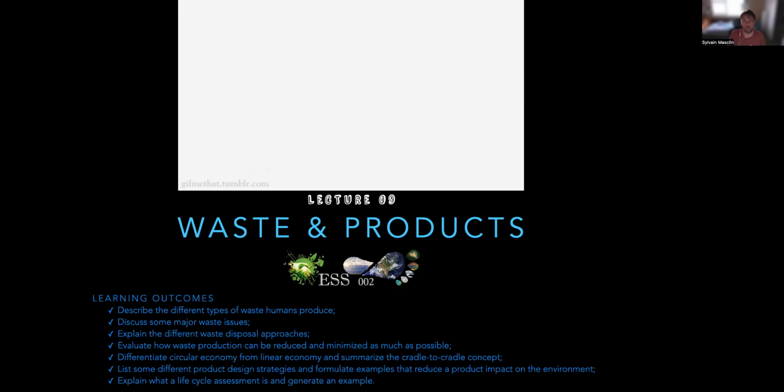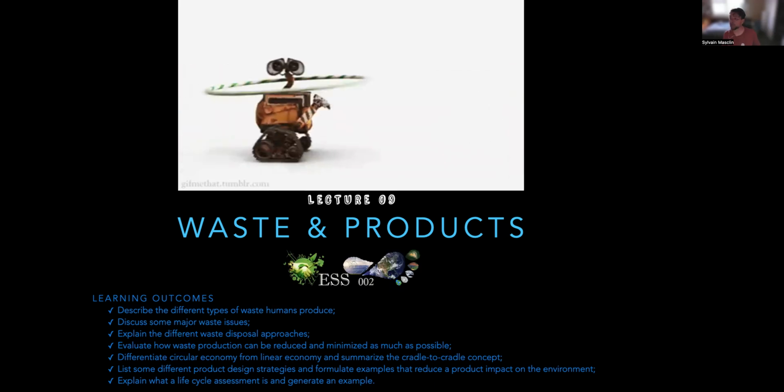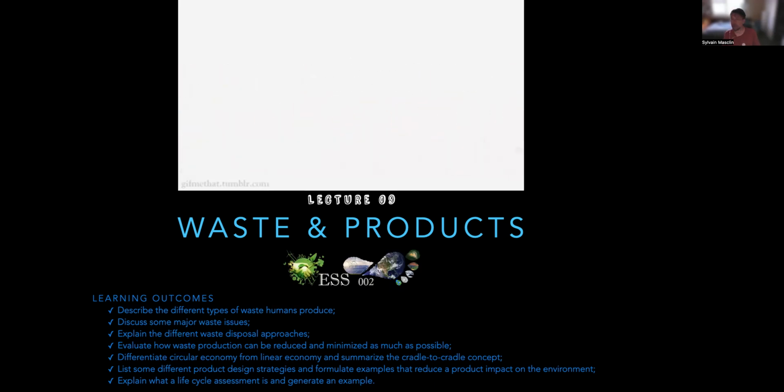We're going to talk about the different types of waste that we are producing as humans, the way we dispose of that waste, and then how we can reduce it, looking at how we can design products to make that waste less harmful to the environment and also less in terms of quantity. So the main topic will be kind of broad for this lecture.